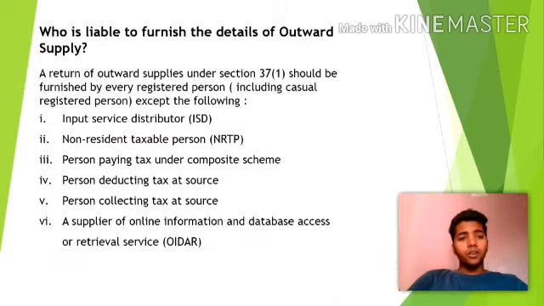The first question that comes to our mind is, who is liable to furnish the details of outward supply under GST Return 1? Here is the answer given in section 37 subsection 1.